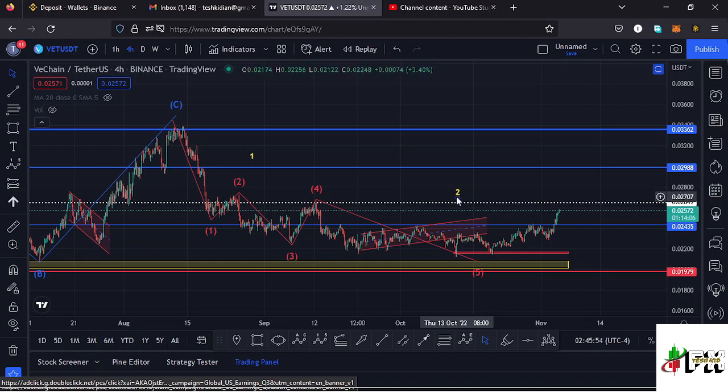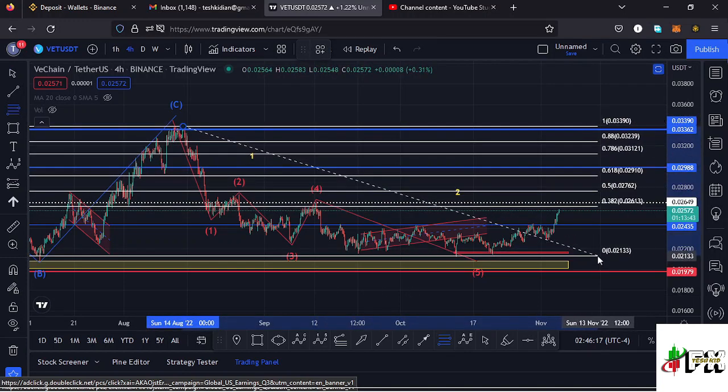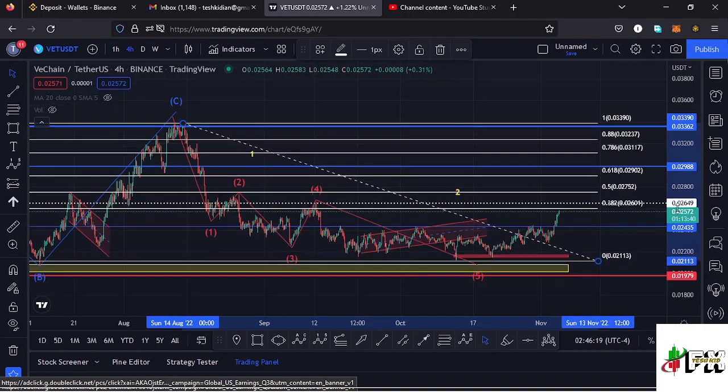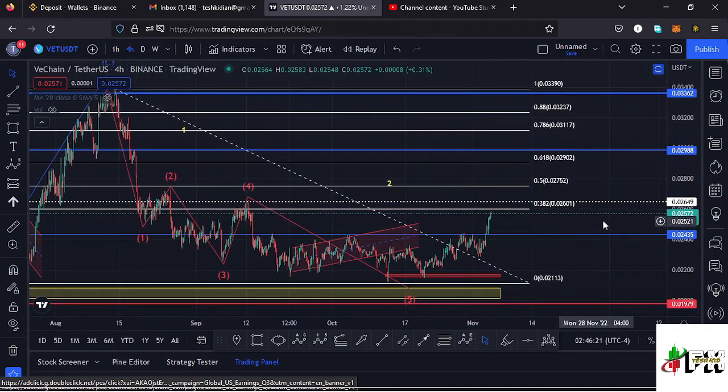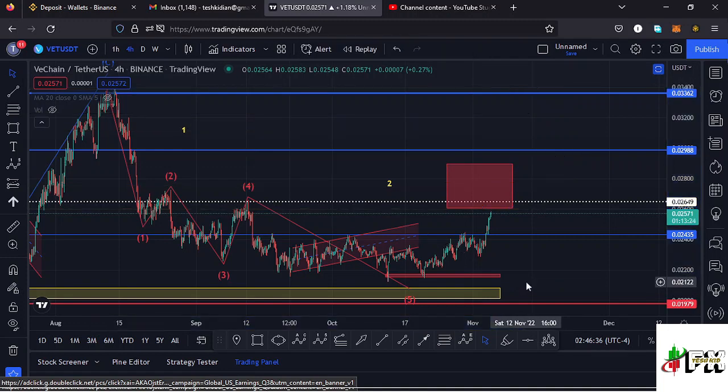To give you a minimum target area to the upper side in the formation of that higher Elliott wave count 2, I'll be using the Fibonacci, connecting them from the high of that first wave to the low of that first wave, and that gives me a minimum retracement area to the upper side in the formation of a second wave between the Fib level 0.382 and the Fib level 0.618, and I can mark that target area here on the charts like that, which perfectly lies between the $0.029 mark and the $0.026 mark. So that is the minimum that I'm expecting that bounce to the upper side to get us into.